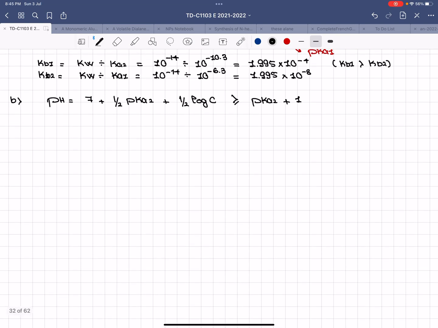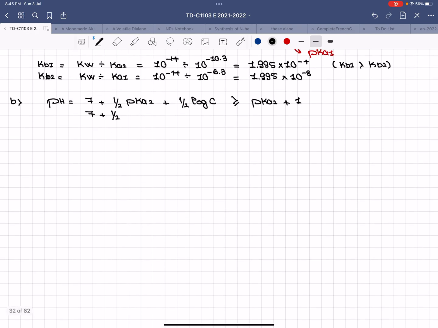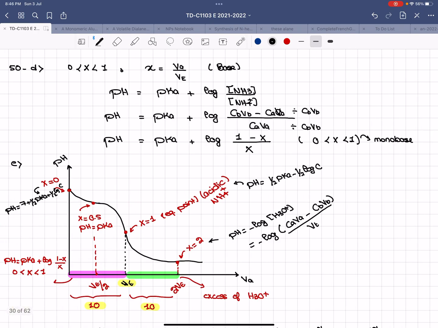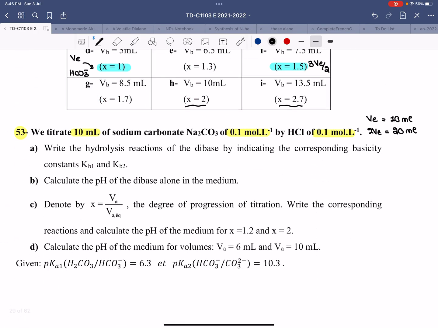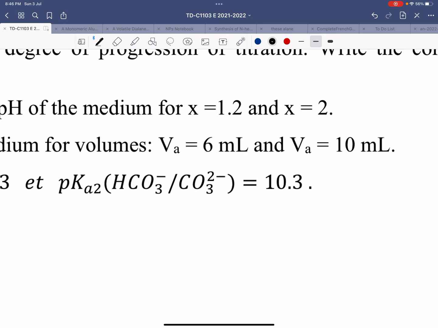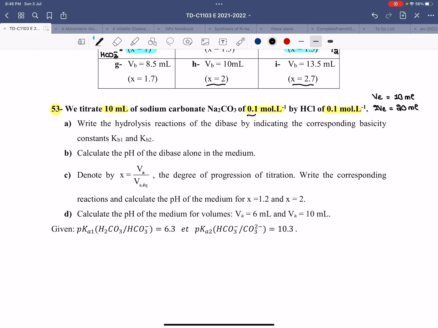Again, 7 plus half pKa2, which was 10.3, plus half log of the concentration. The concentration did not change, it stayed the same, 0.1.